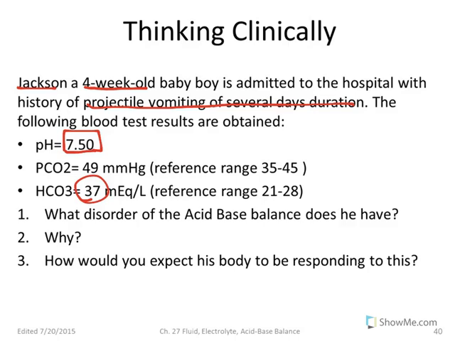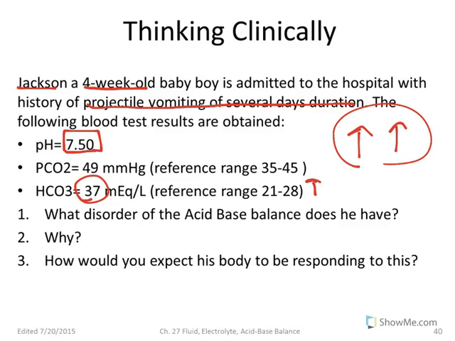Bicarbonate is definitely above this level. So metabolic, okay. So the pH has gone up and the bicarbonate has gone up. We're thinking metabolic alkalosis just from that. Vomiting, he's removed all of his hydrogen ions.